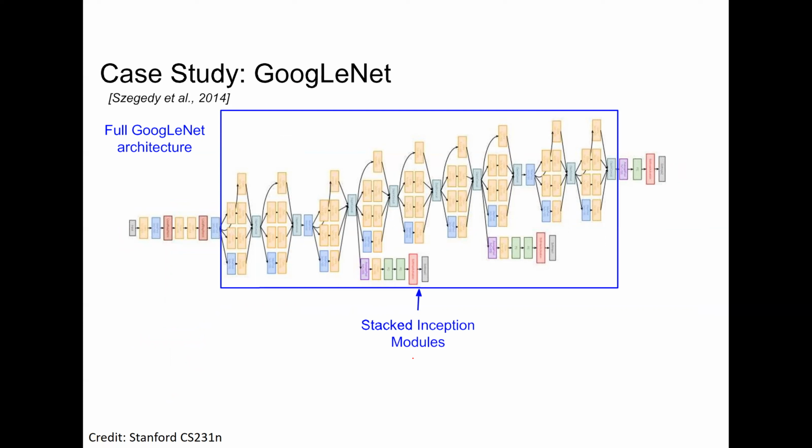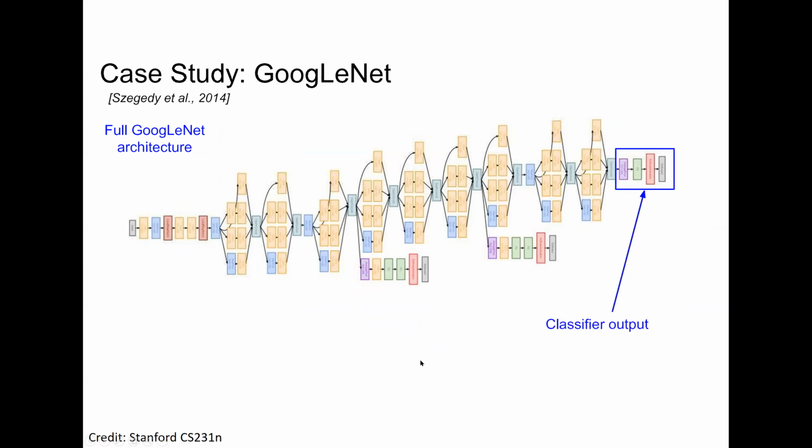Okay, these are the stacked inception modules. And the classifier output involves a fully connected layer to convert the input feature map W by H by channel into 1000 class scores.